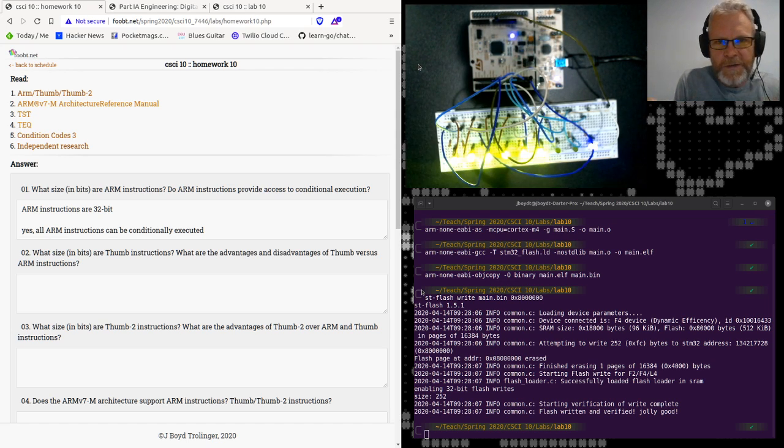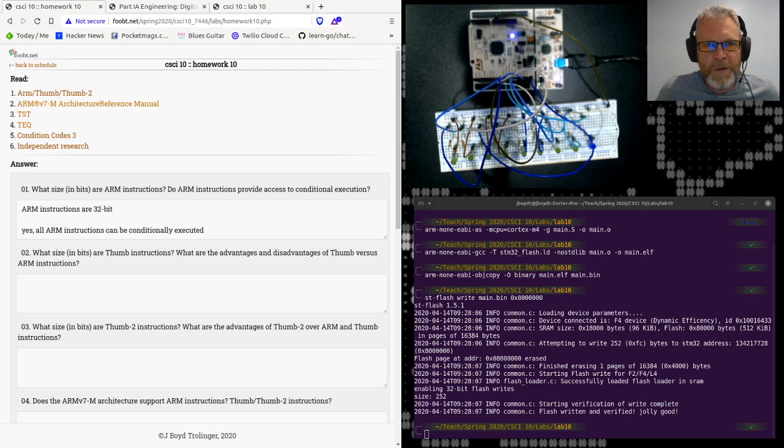So 32 bits per instruction for full ARM instructions, but they can all be conditionally executed, which makes life wonderful for the assembly programmer. You may not feel like that's true right now, but the code that we just wrote with the if-thens all over the place is a lot nicer than what you do in Intel assembly. A lot nicer.